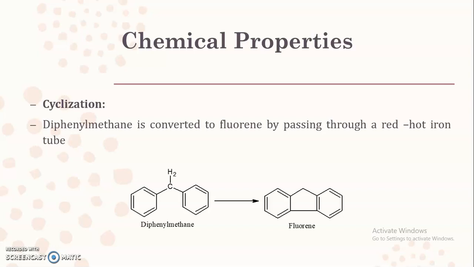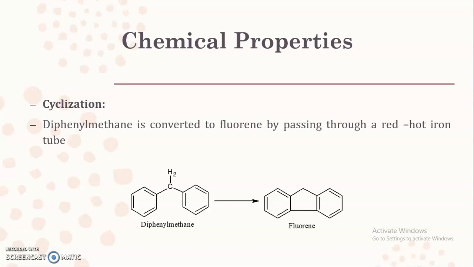So nitration and halogenation reactions are mainly performed at the fourth position of both rings, so that a 4,4-compound is formed. If halogenation is performed in presence of ultraviolet radiation, it gives diphenylmethyl bromide or chloride, depending on which halogenation reaction we perform.